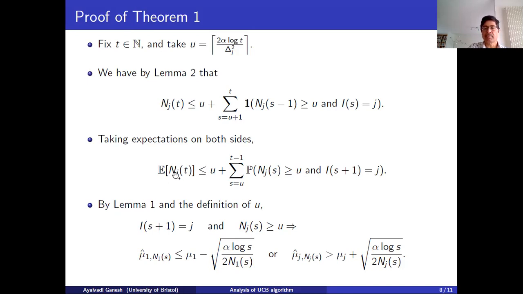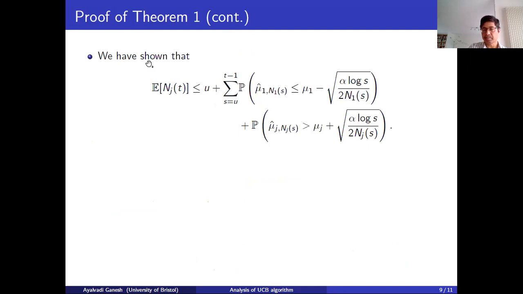So the expectation of Nj is bounded by U plus the sum of the probability of the union of these two events. That's what I'm writing here. The expectation of Nj is bounded by U plus the sum of the probability that either arm 1 has an unusually small reward or arm J has an unusually big sample mean reward.